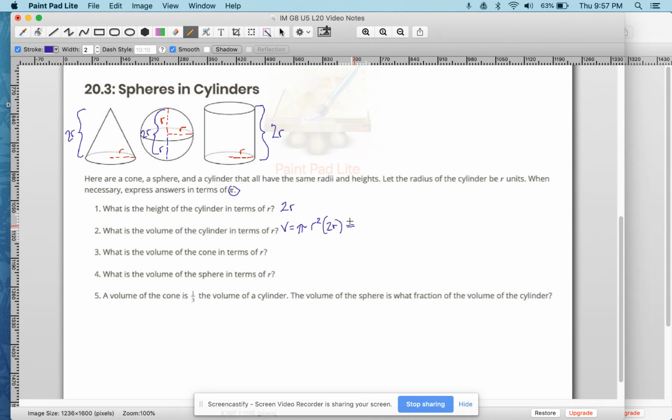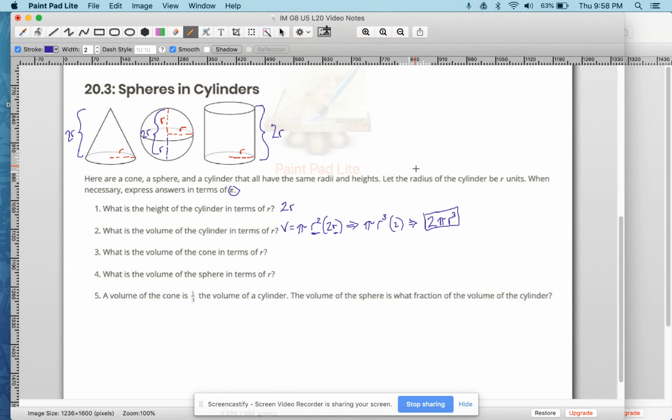And then when we simplify it, we have pi times radius cubed, because we have a radius squared times a radius. So we have radius cubed times 2. And when we simplify this, anytime there's a number with the pi symbol and a variable, we mathematically like to put that first. So it's going to be 2 times pi times radius cubed. And that would be the volume of that cylinder.